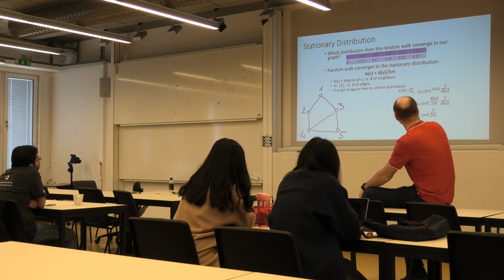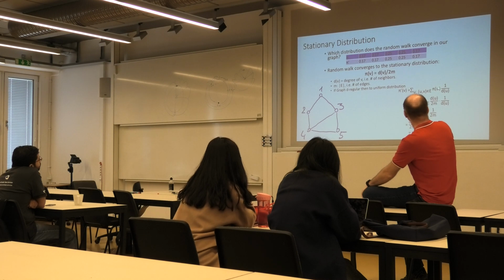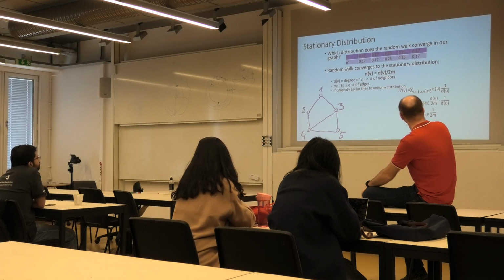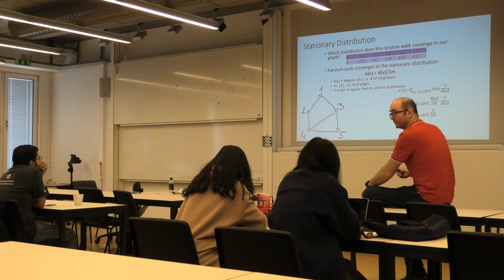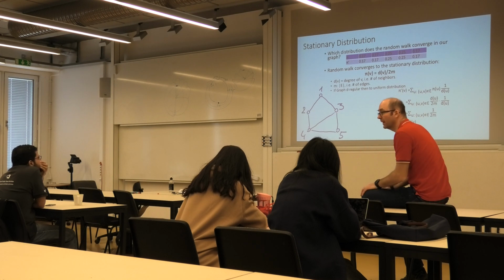So we sum up all the pi's of the neighbors of v. We go through all the edges from v to u, you see their value, and you sum them up, normalizing by u's degree. It's a random walk, right?